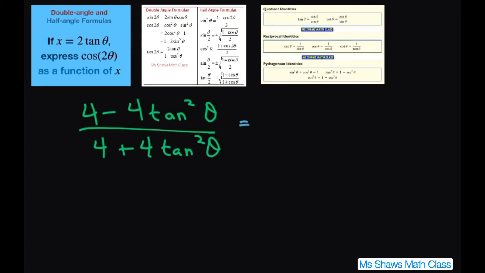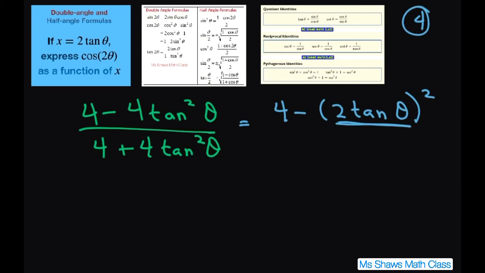This can be written as 4 minus 2 tan of theta squared. So do you see where I got my 2 tan of theta? That's why I multiplied numerator and denominator by 4. And the denominator is 4 plus 2 tan theta squared.